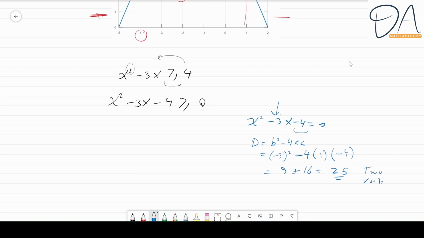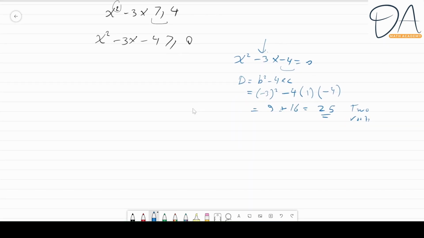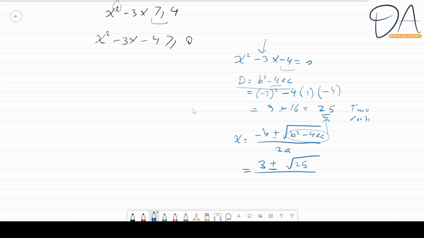How to get the roots? Well, there are different methods, but as I said, I'm going to use the quadratic formula, which is minus b plus or minus the square root of b squared minus 4ac, over 2a. Minus b is minus minus 3, which gives you 3, plus or minus the square root of 25, which is the expression calculated here, over 2a. a is 1, so this gives us 2.